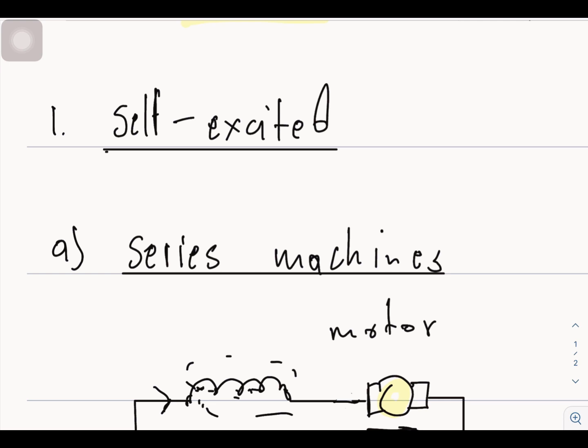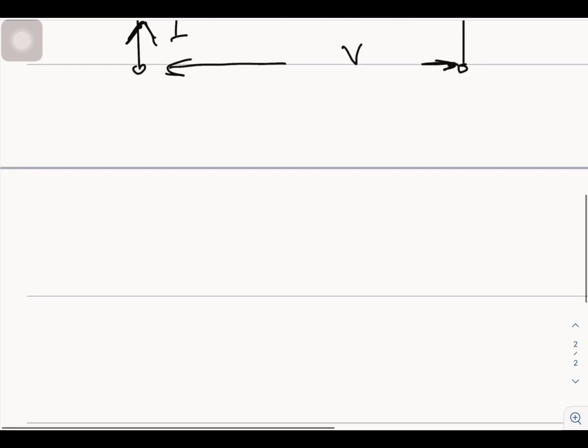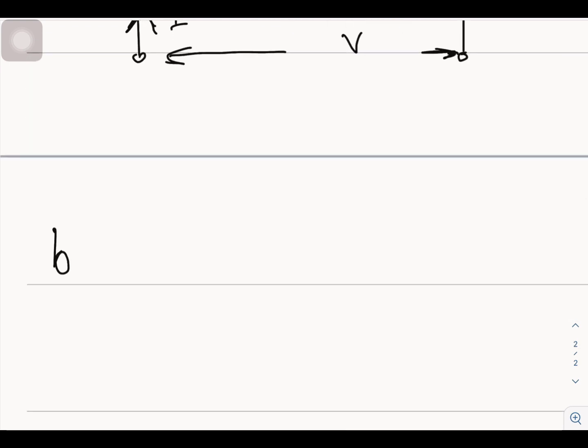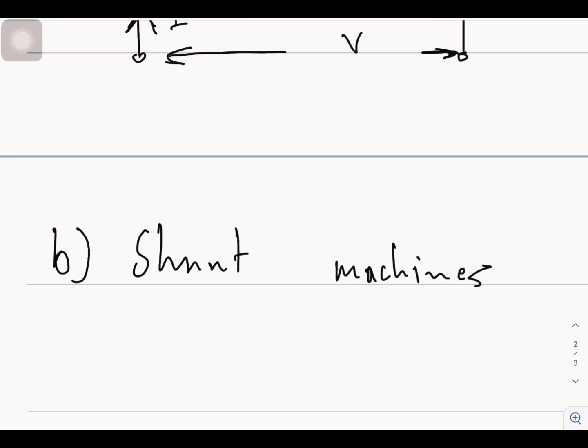Then the second subdivision of self-excited machine, let me write it as B, is a shunt machine. Guys, this name shunt means parallel.